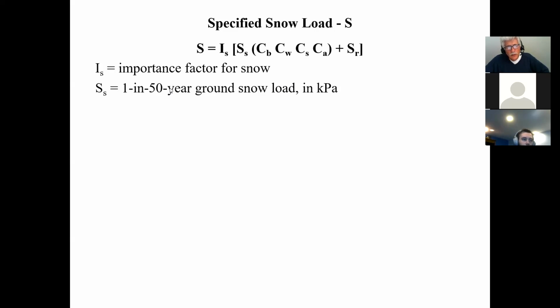So in other words, I'll talk about this in a little more detail, but 1 in 50 means the probability of this amount of snow occurring is 1 in 50 years. It doesn't mean that if it occurs today, it won't occur next year because it's already occurred today. It doesn't mean that it's going to be once every 50 years. It happens on average once every 50 years.